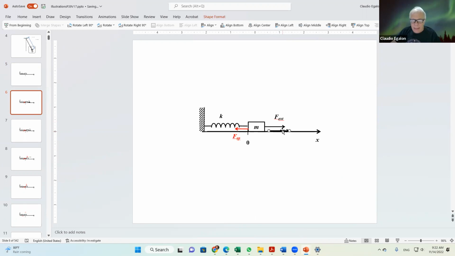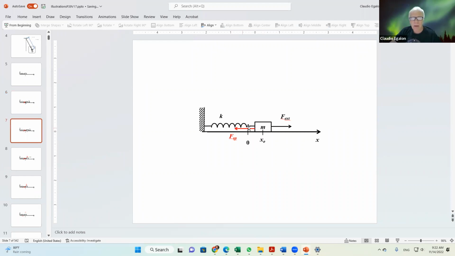So the position vector of the mass is going to be this one right here. If you displace it even more, the elastic force is going to become greater.